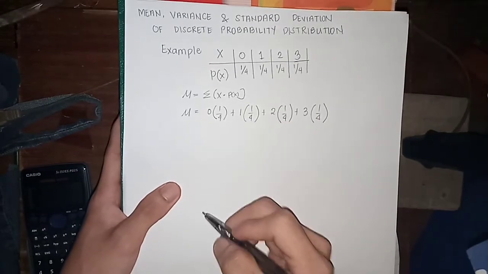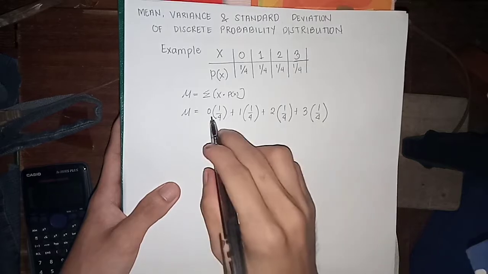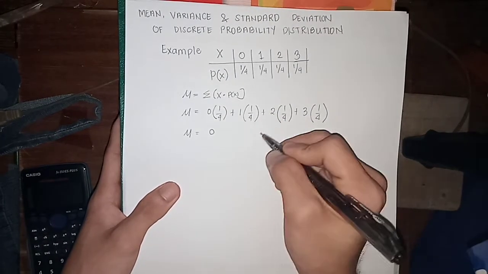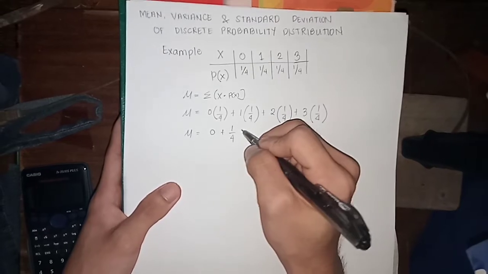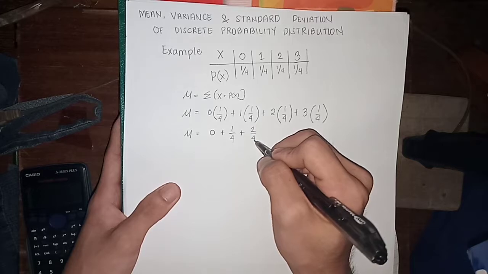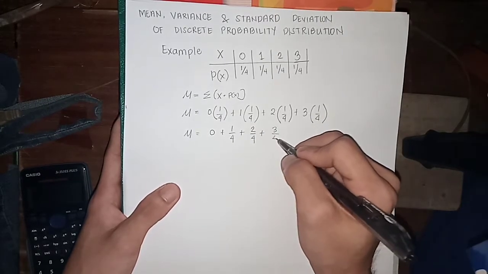Okay? So, after that, you are going to evaluate each. So, 0 times 1/4, that is equal to 0. 1 times 1/4, that is equal to 1/4. Plus 2 times 1/4, that is equal to 2/4. Okay? Plus 3 times 1/4, that is equal to 3/4.